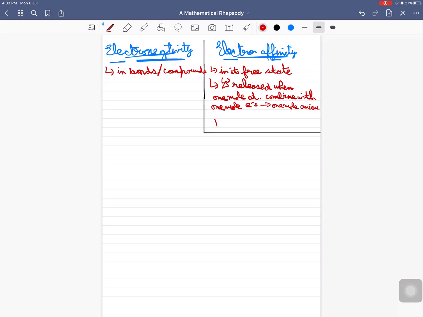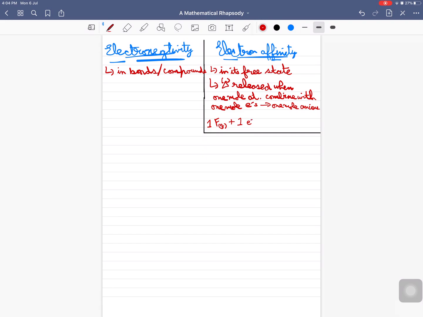You have fluorine, you can take oxygen, whatever you want to, but fluorine is easier to understand since it is the second element which has the most electron affinity. So F, let me say this is gaseous. You have 1 mole of F atoms, that is fluorine atoms, plus 1 mole of electrons.